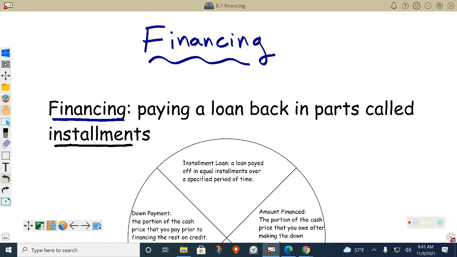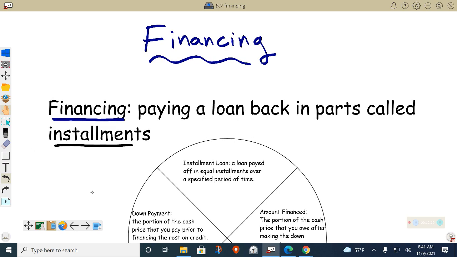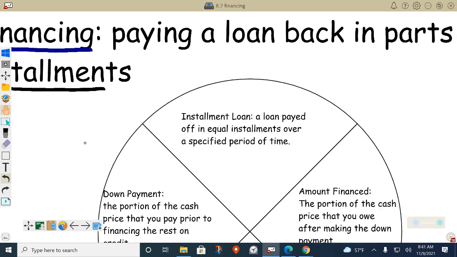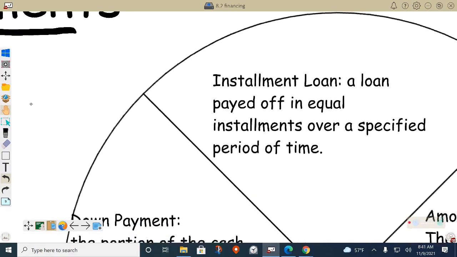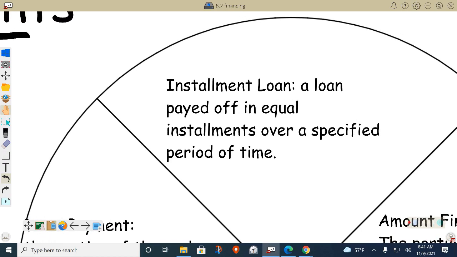Now, let's fill in that concept circle with some concepts related to financing. Here, let me zoom in. So up on the top, write the words installment loan. Now write that definition. Earphones off, please. A loan paid off in equal installments over a specified period of time.